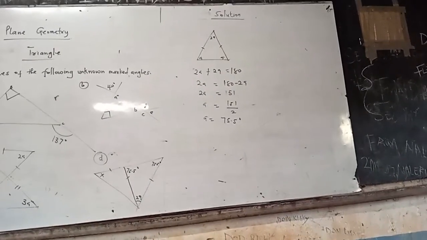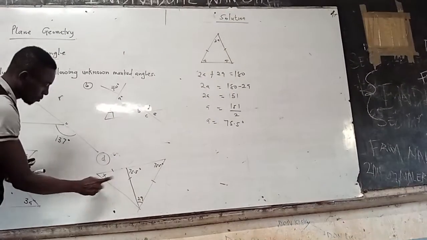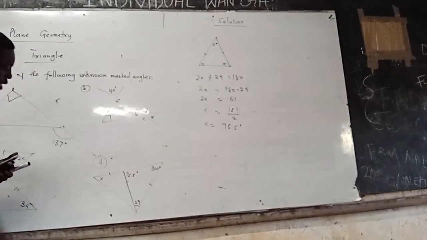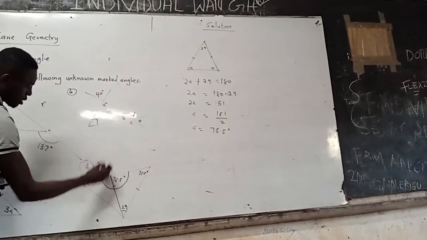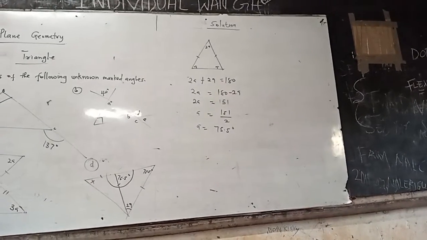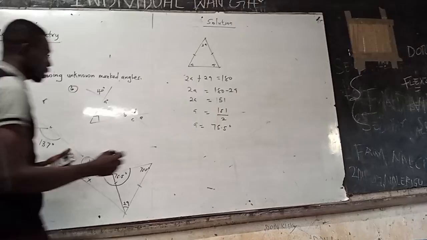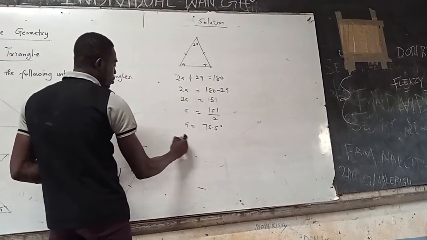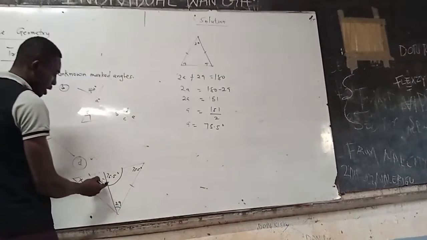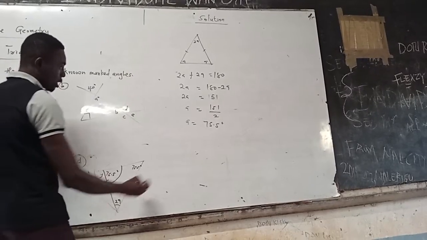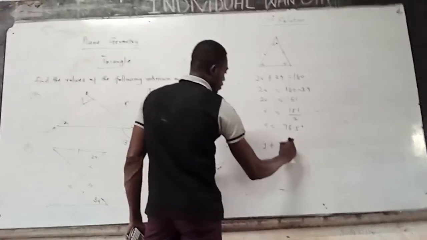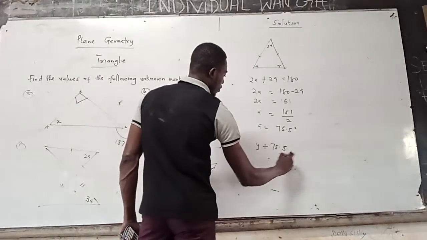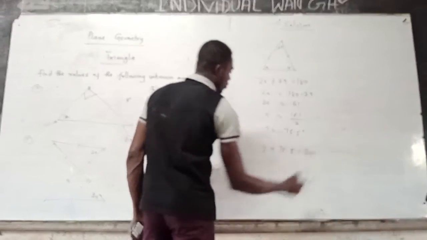But what they ask us to find is this. So they say we should find here. And once we know this, means that we can find angle on a straight line. So angle on a straight line sum up to 180. So means that here, if we are to call here y, then y plus 75.5 should be equal to 180.